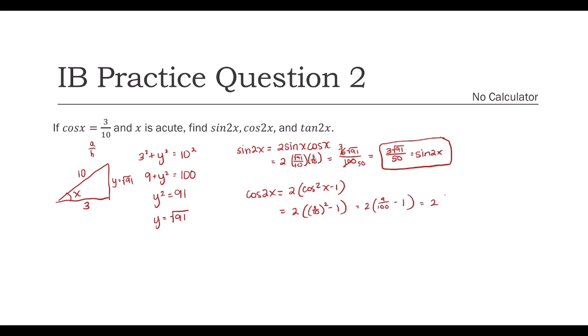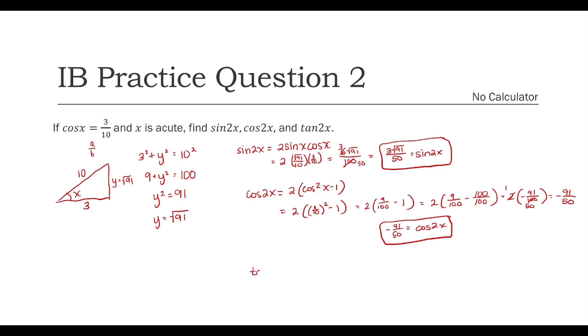Our 1 is equal to 100 over 100. So then we have 2 times negative 91 over 100. The 2 and 100 simplify to 1 and 50. So we get negative 91 over 50, which is equal to our cosine of 2x.